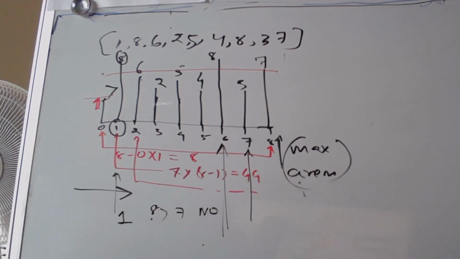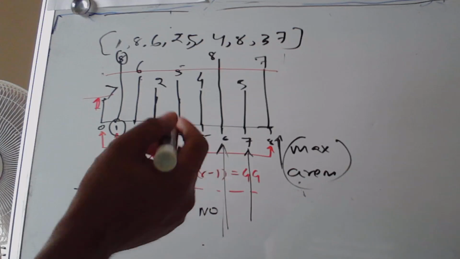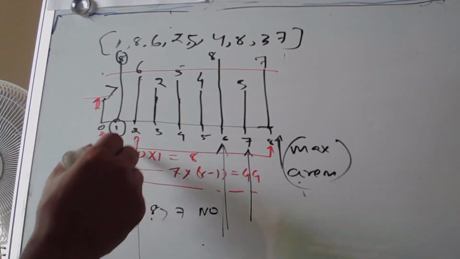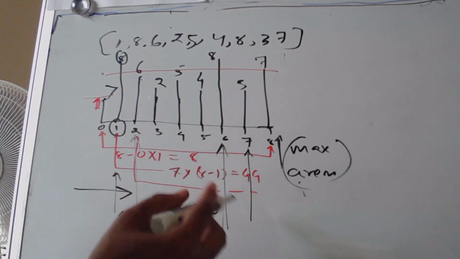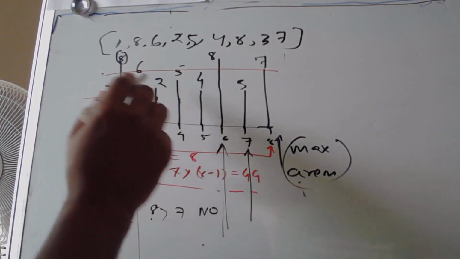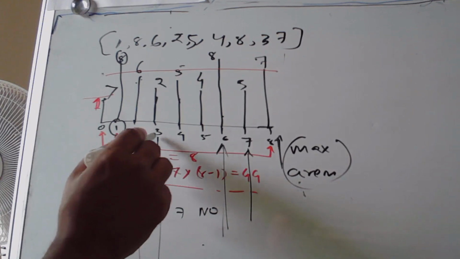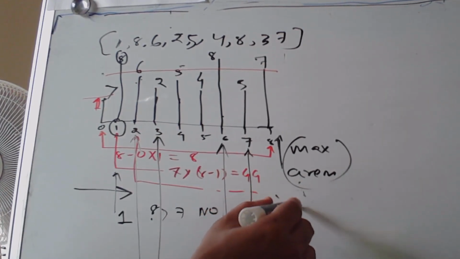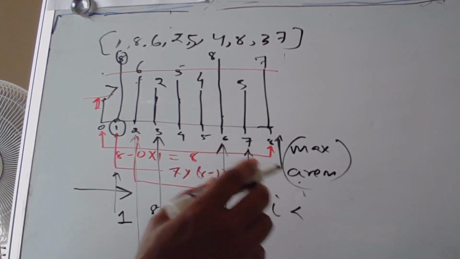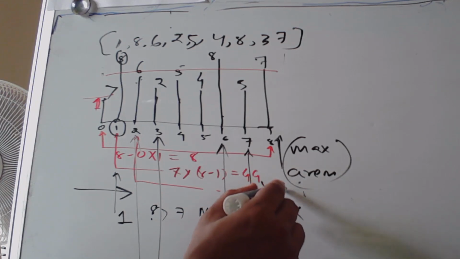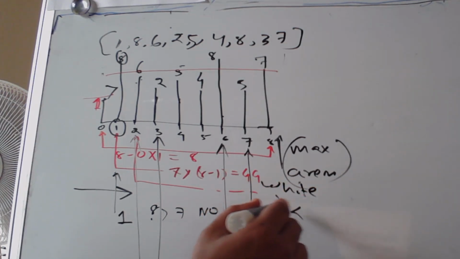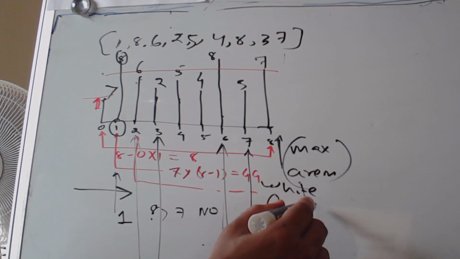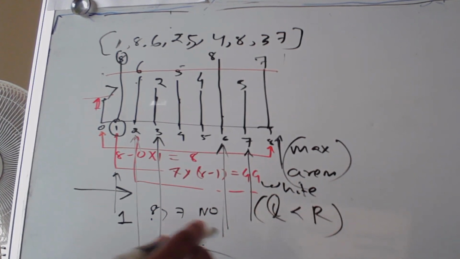When both are equal, we don't even have to compare, we just move any one of those. So we can move maybe the left one. Then we see 6 is smaller than 8, then again move the left one, and so on, while left is less than right. So this should be our trick.